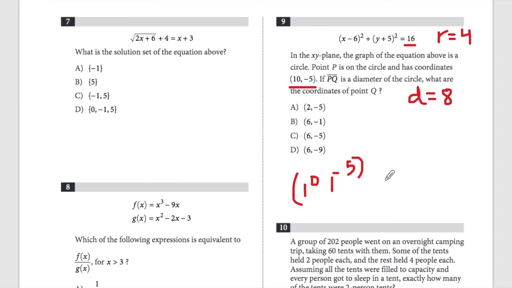So from looking at this problem, because it's a diameter, if I draw it on this thing, it is 6, -5, so it's right here, and it's going to look like this, and then when the radius is like this, which is 4, right? So here, as you can see, it has to be that the y coordinate changes or the x coordinate changes by 8, right?